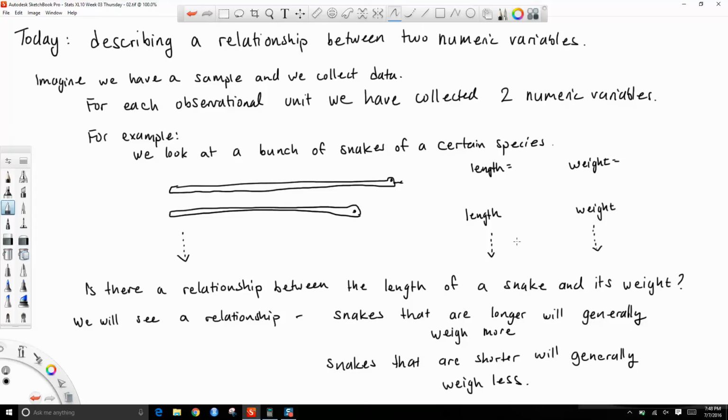So in the same way, with the relationship between two numeric variables, we will learn to quantify it, and we will assign a number, and that's going to be called the correlation. And then we will also learn to model the relationship so that if we have one of the variables we can make a prediction for the other variable. Okay, and so that's what we will learn to do in today's chapter.